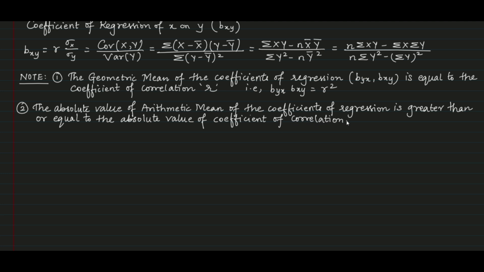By absolute value, I mean the positive value without considering the sign, or simply the modulus. So let's take the mean of bxy and byx. The absolute value of this will be greater than or equal to the absolute value of r. Or simply we can say the absolute value of the sum of the coefficients of regression will be greater than or equal to 2 times the absolute value of r.